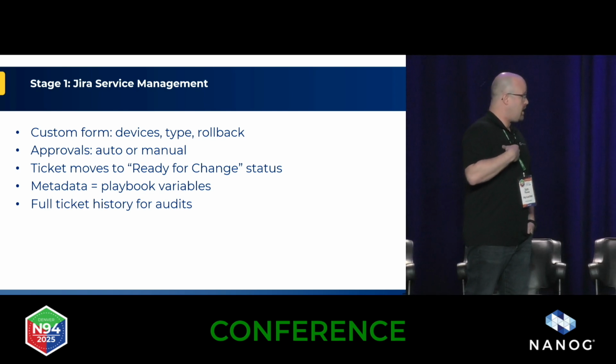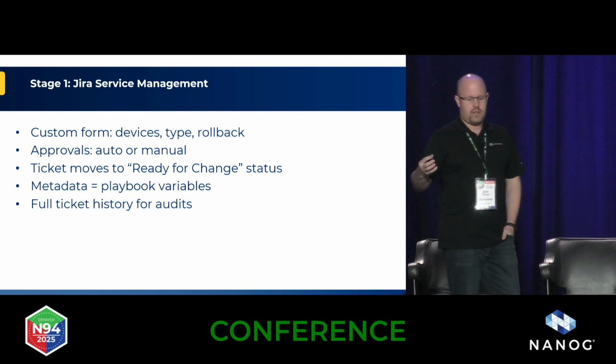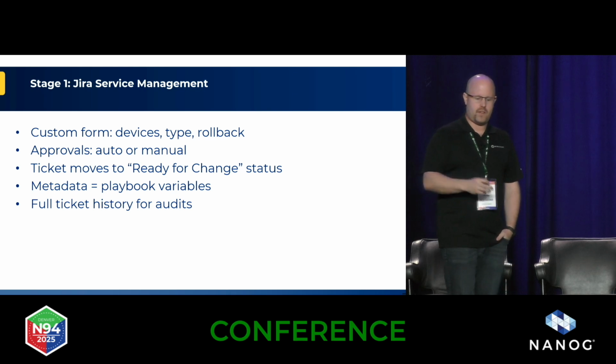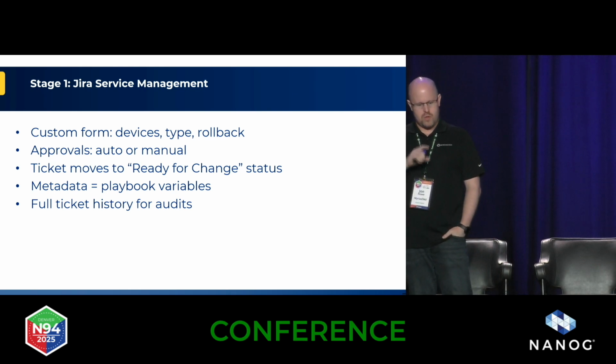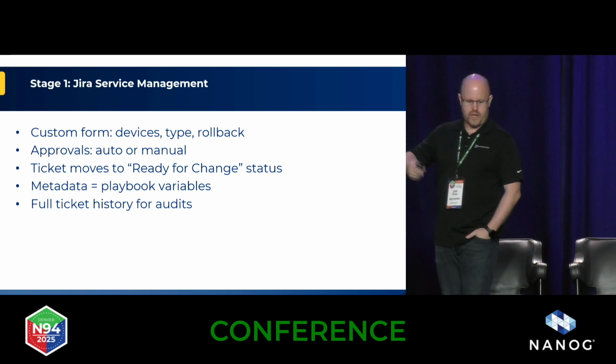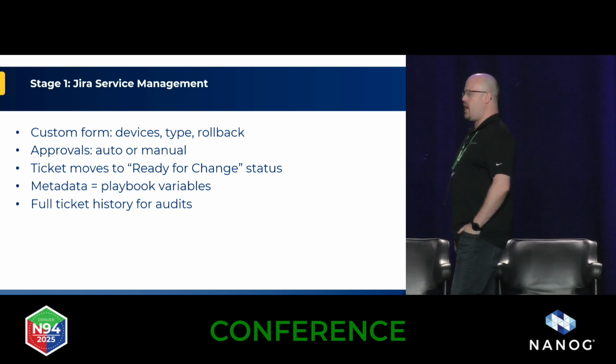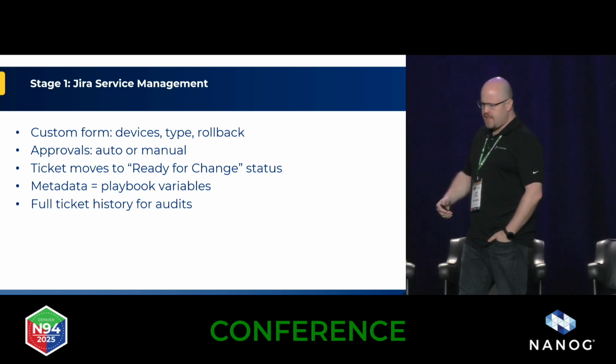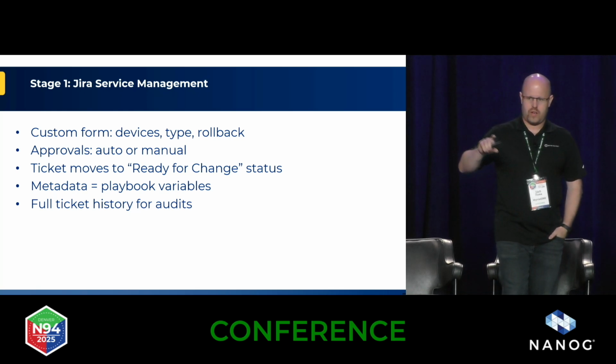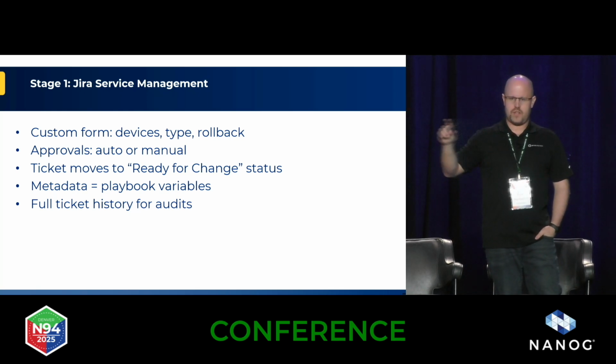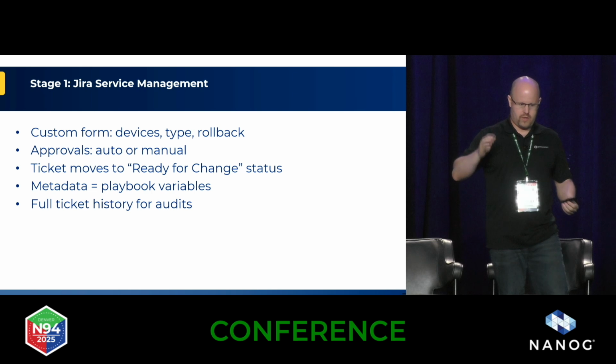What we're doing here is we are essentially looking for tickets that are moved into this kind of ready for change or ready for production status. And once that change happens, that's the trigger for GitHub Actions to then grab the payload.